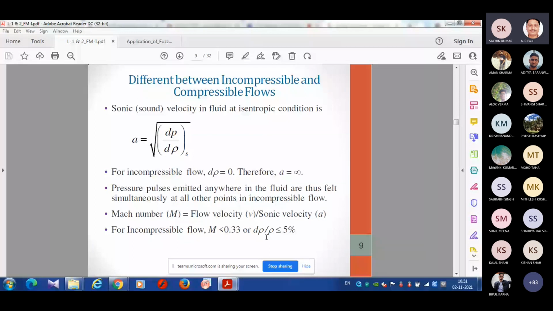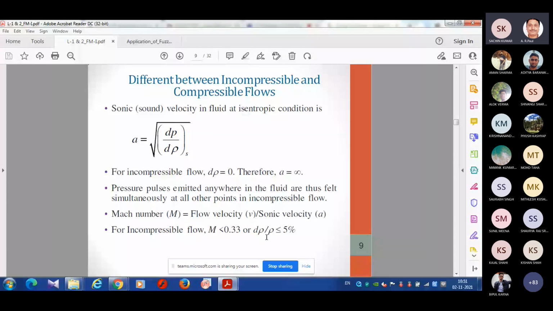Say you want to calculate the Mach number of an airflow. You calculate the velocity at which air is flowing, say 20 meters per second. Then you calculate the sonic velocity, meaning if the sound is propagating in the air at the same temperature, because sound velocity is dependent on temperature.